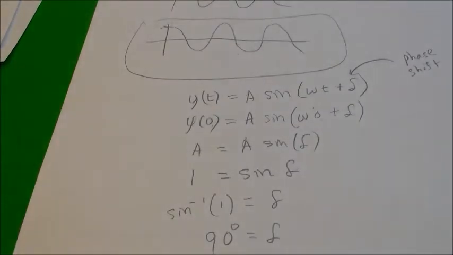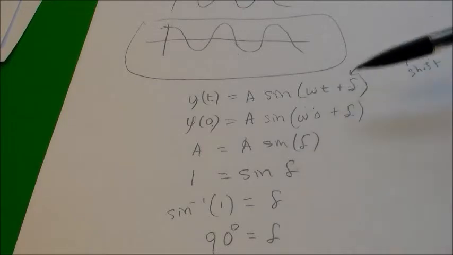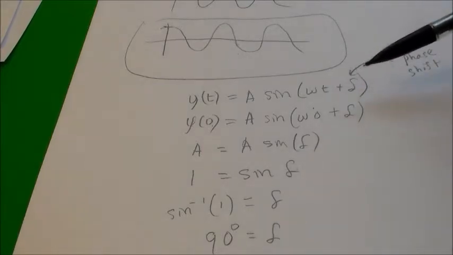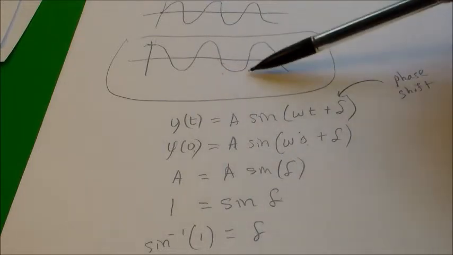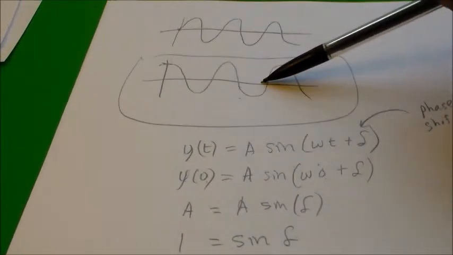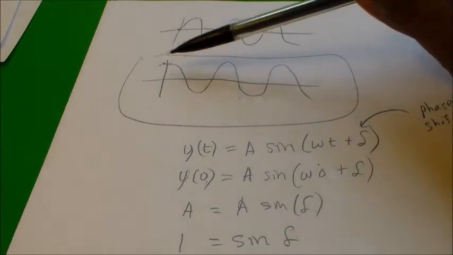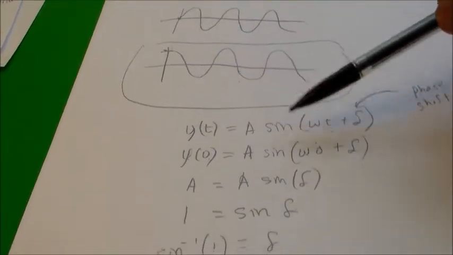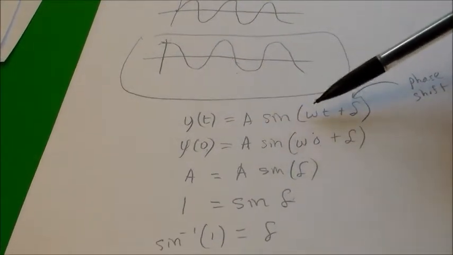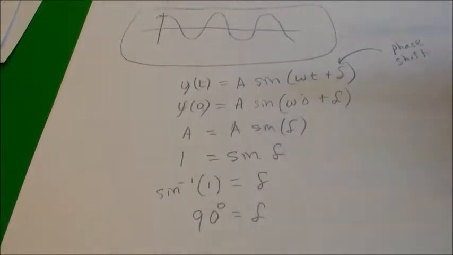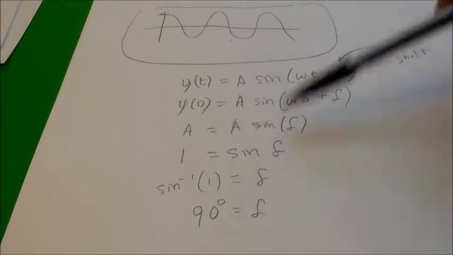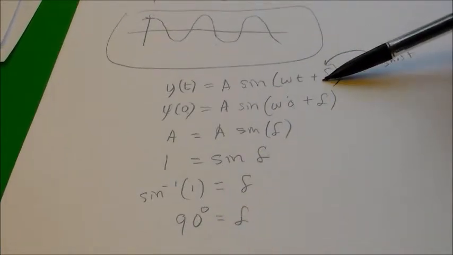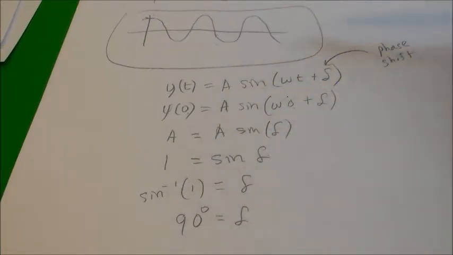Okay, so if we were asked to find the mathematical function or expression that represents this cosine wave up here, or what looks like a cosine wave, using a sine function, we can go about solving in this manner in order to figure out what the phase shift is equal to.